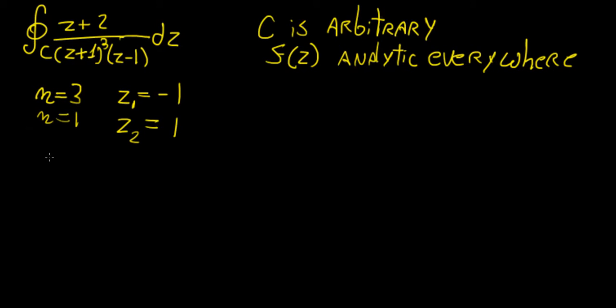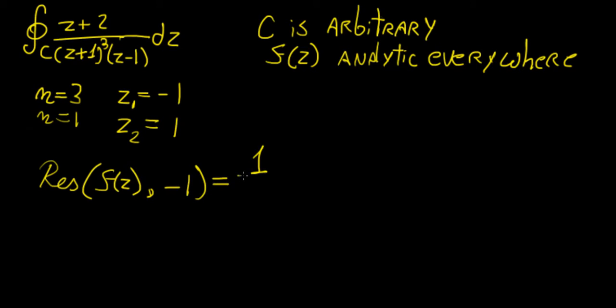So the first thing to do is to find the residue of this pole. Actually, I'm going to start with this one because it's the harder one. So the residue of the function of z, which is this whole expression, evaluated at minus 1. And this is going to be a pole of order 3, so that's going to be 1 over 3 minus 1 factorial times the limit as z approaches minus 1 of the derivative.